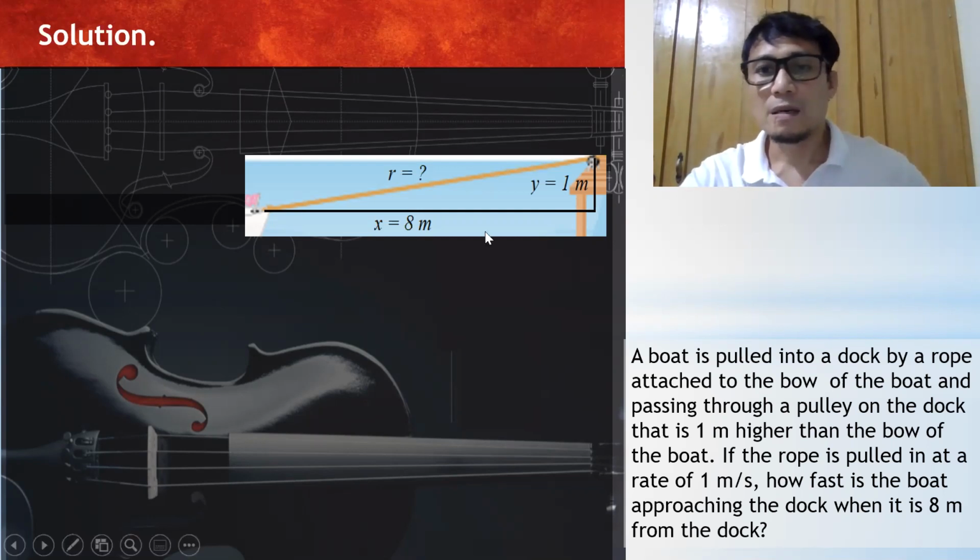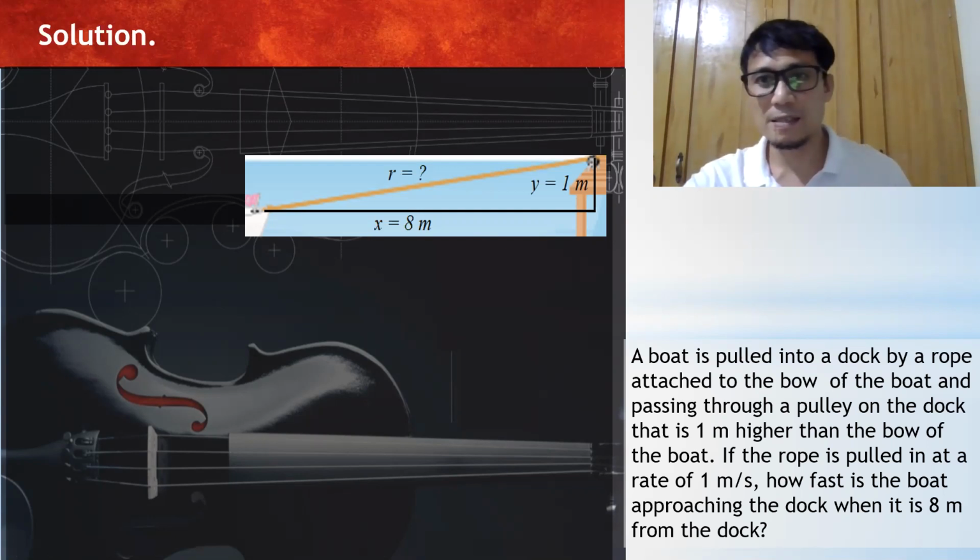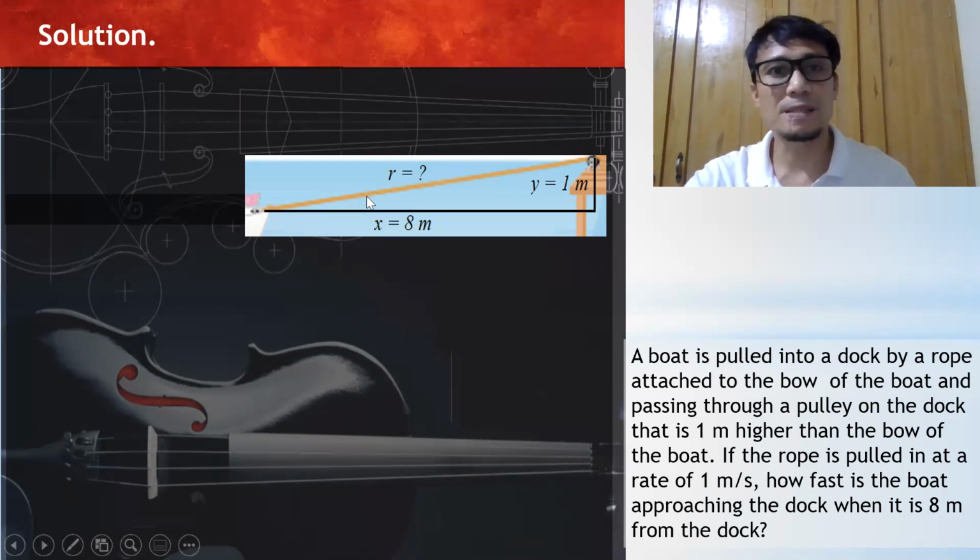Now, to help us analyze this problem, let's use some variables, okay? Let's say that this side of the right triangle formed is x, this side here is y, and this side here is r.